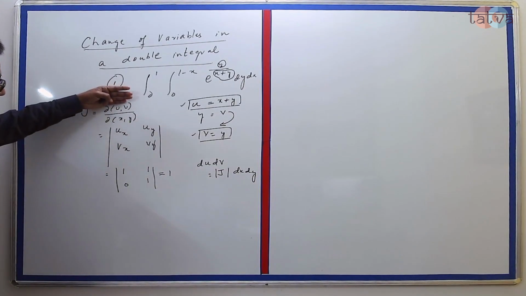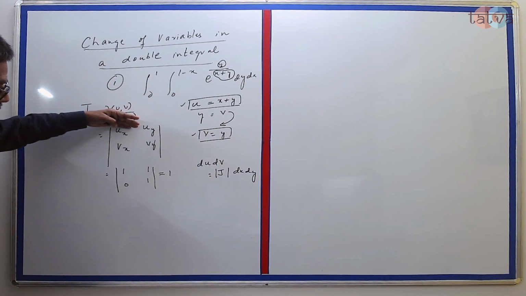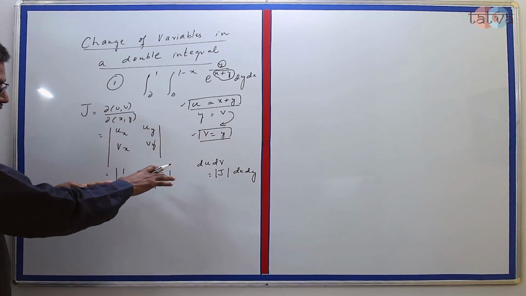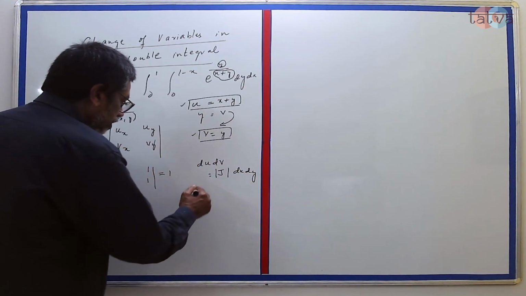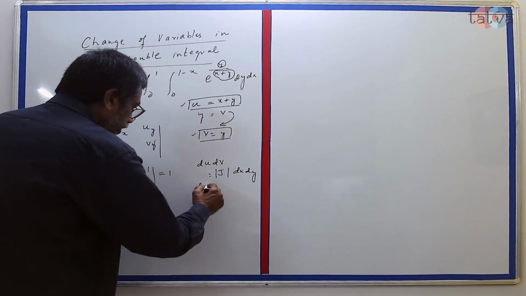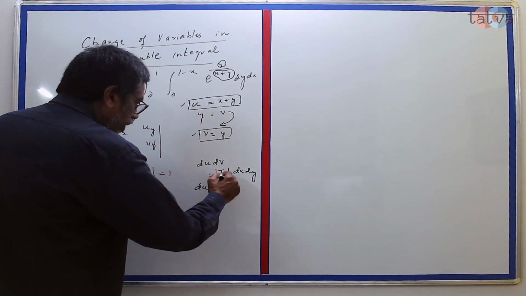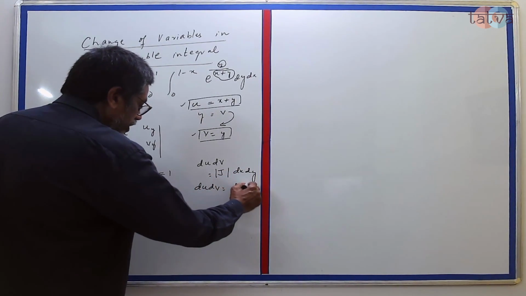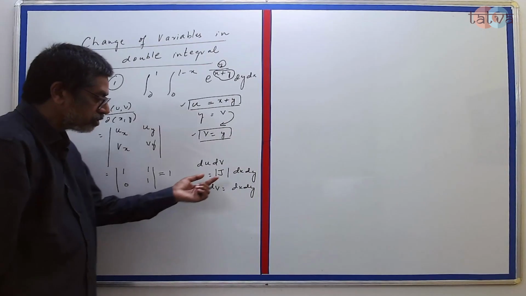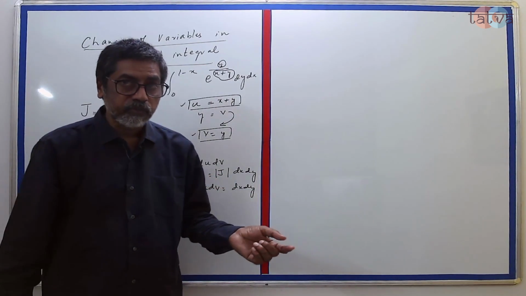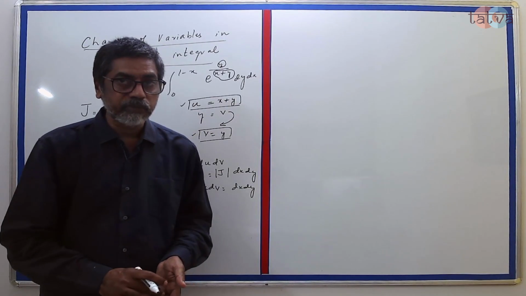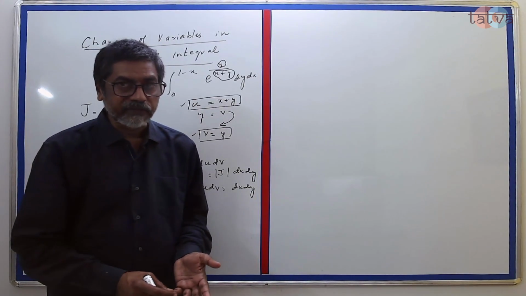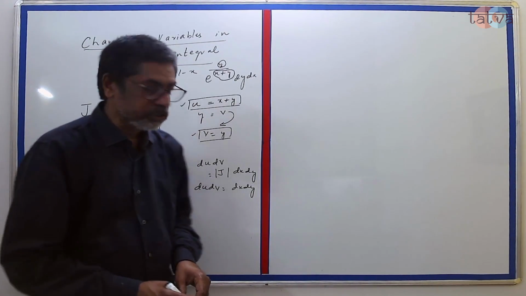So the (u, v) get transformed to (x, y) through this process, and this is my relation between the area elements. So du dv is 1 times dx dy. Now be careful, sometimes the Jacobian can be negative, but you should take its absolute value because we are trying to relate area elements. Area cannot be negative, so therefore we always use a modulus there.